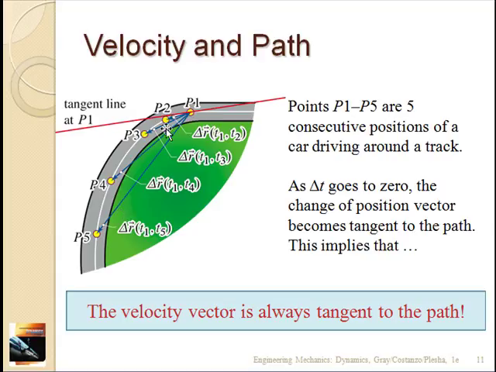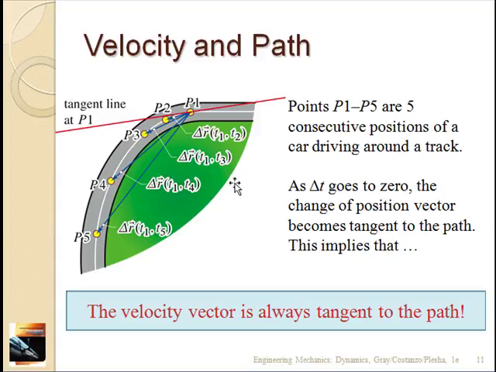From time 1 to time 4, it's this one. From 1 to 3, it's this one. From 1 to 2, it's this one. And if you just think about the limit as the change in time goes to 0, you'll notice that the red line represents the tangent to the curve, and the change in position will be along that tangent.